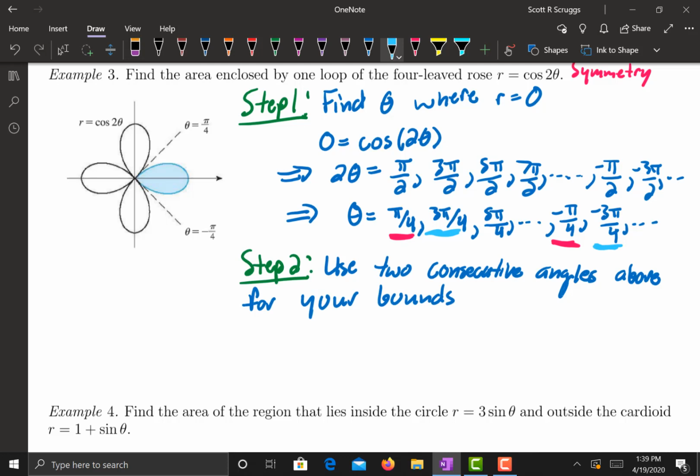If I pick those two as my bounds, I'm just going to get an area of 3 times what I would get if I take the integral of the line with bounds negative pi over 4 to pi over 4. And so with that, I want to work with negative pi over 4 and pi over 4.